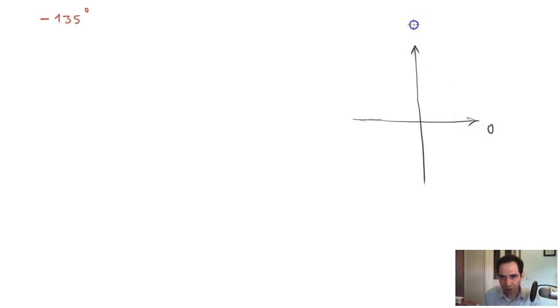Here you have 0 degrees, here you have 90, here you have 180. You keep adding 90 degrees to each axis. You add 90 degrees to 0, you get to 90. You add 90 degrees to 90, you get to 180. You add 90 to 180, you get 270. And you add 90 degrees to 270, you get 360.